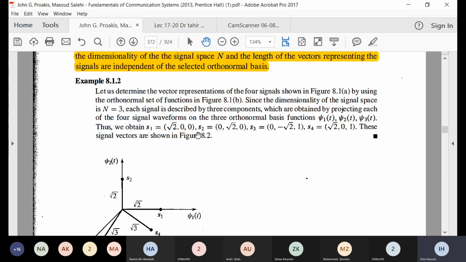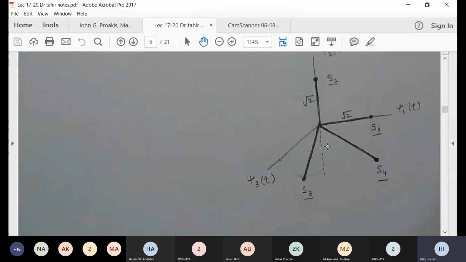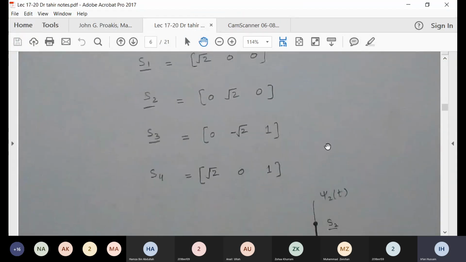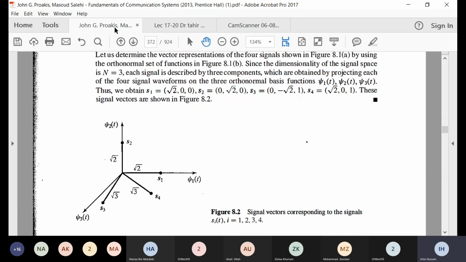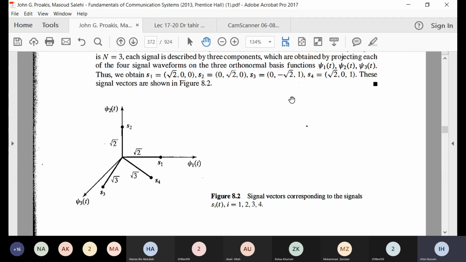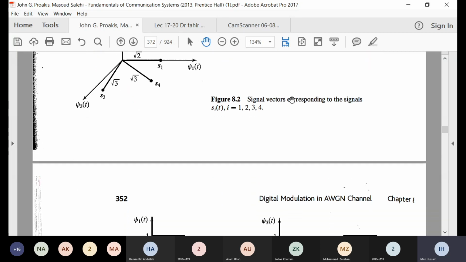He is just calculating S1, square root of 200, which we have just shown is equal to square root of 200. In this way you can calculate all of them as you have shown earlier, and this will give you the same representation as we just told you earlier. It's the same diagram which I have also shown.